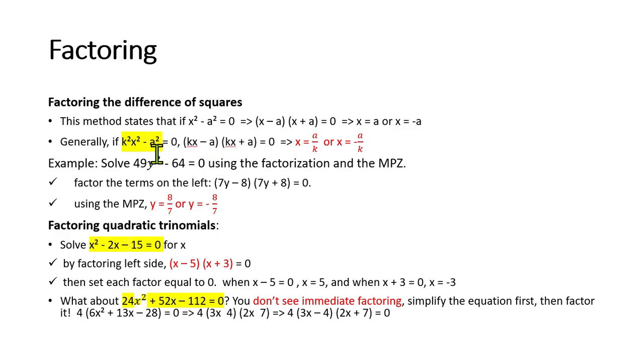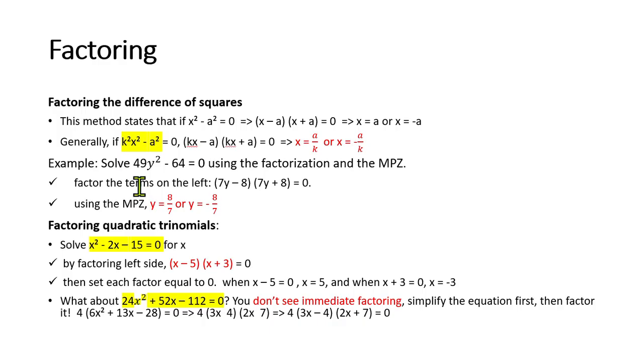And a squared, the second term, is the square of a. So minus a, plus a. Again, for the first factor, x equals a over k makes it 0. And for the second factor, x equals minus a over k.